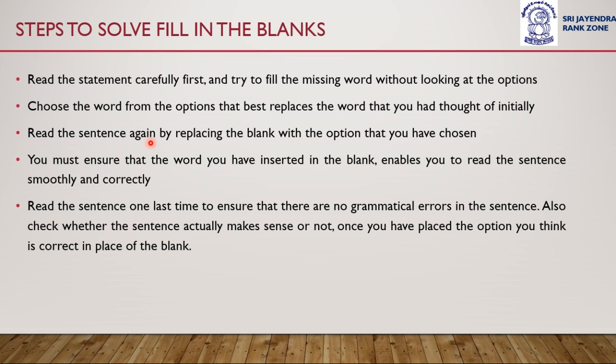Read the sentence again by replacing the blank with the option that you have chosen. So after you have found the option that is closest to the word you had thought of initially, you should put that option in place of the blank and try to read the sentence again.